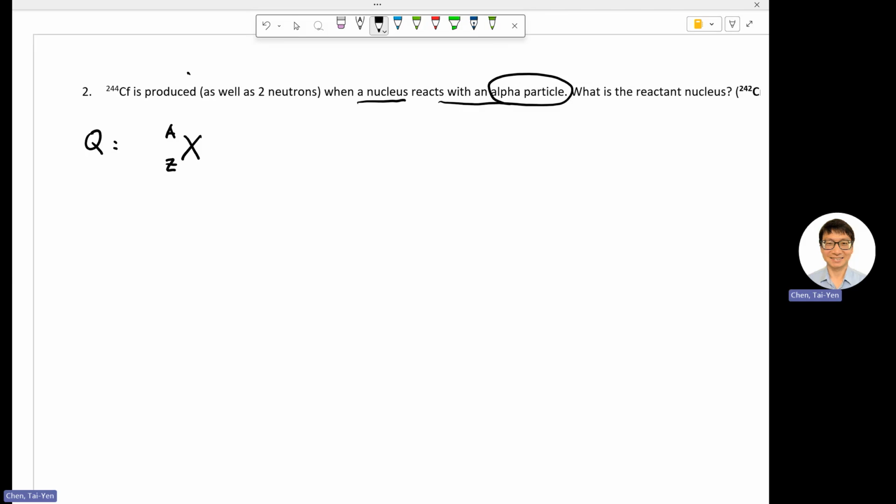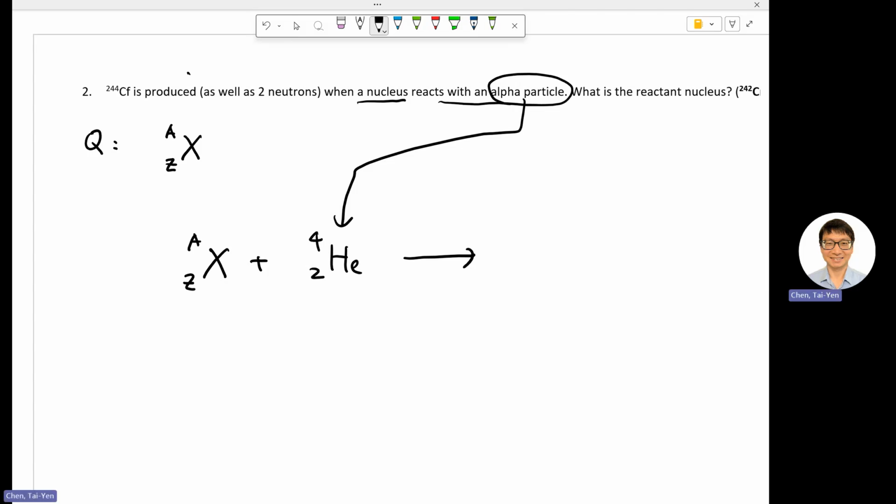Reactant side. Okay, because it says when you react with an alpha particle, right? Alpha particle is what? Helium, 2 protons, and the overall mass number is 4, right? So you should write these things out. You must know the alpha particle is this.